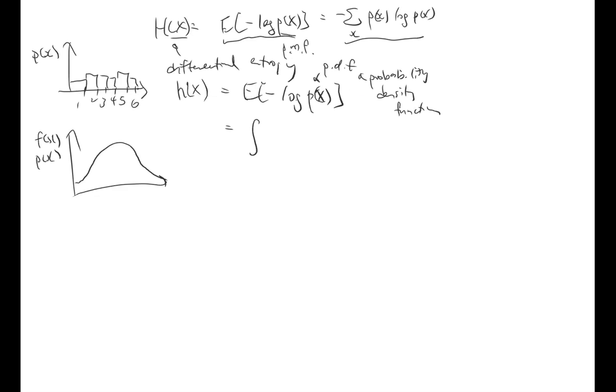So I will have minus the integral of p(x) log p(x) dx. For example, x should be real, the entire real axis, if X is one-dimensional. We talked about that, but not in great detail. A continuous variable will get something like that.